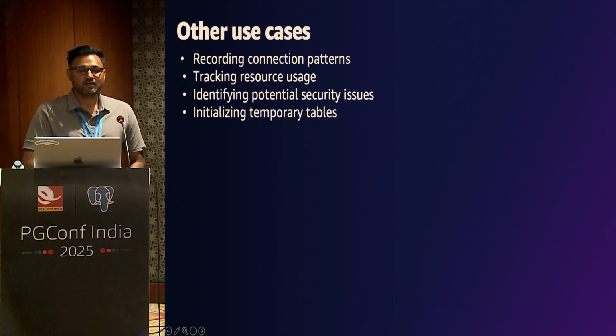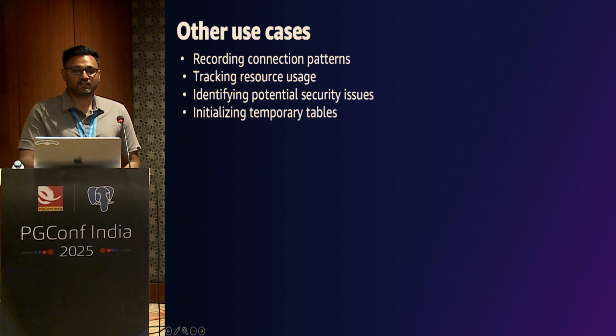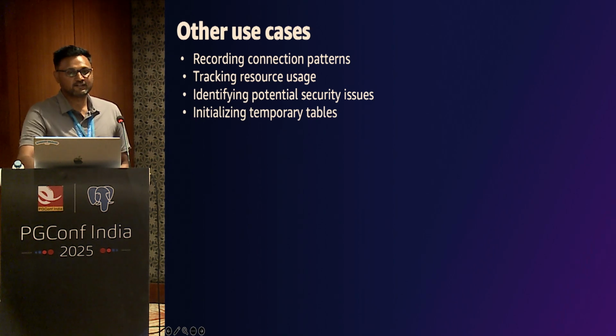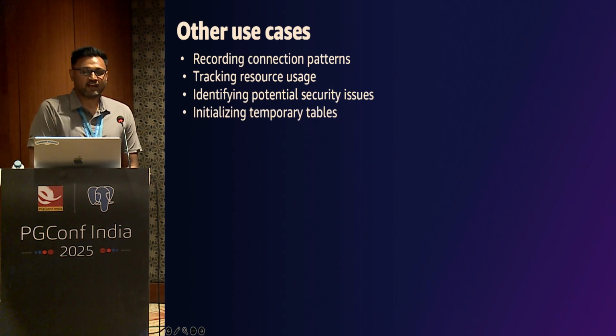For example, this session uses maximum parallel workers per gather of a certain value or a work mem of a certain value, so that also can be tracked. And there can be some security incidents which we can identify. If there are multiple failed login attempts from a specific IP address, then such security incidents can be alerted to the right team.